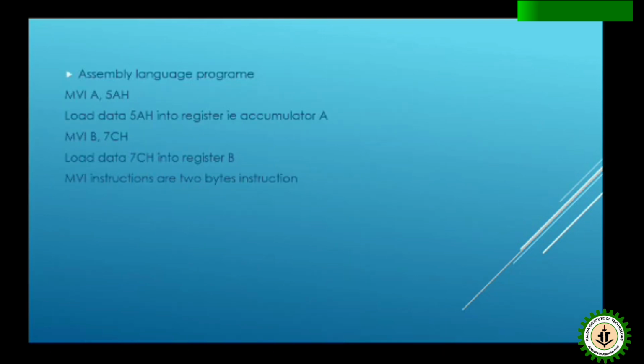So the MVI instruction is a 2-byte instruction. We can directly load data into a register or into a particular memory location whose address is pointed out by the HL register pair only.